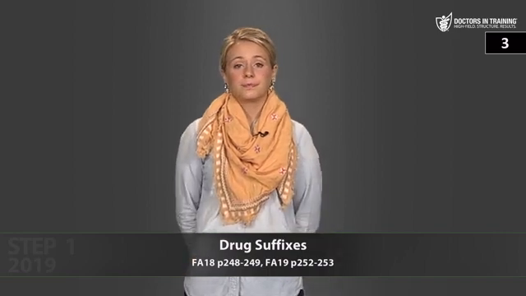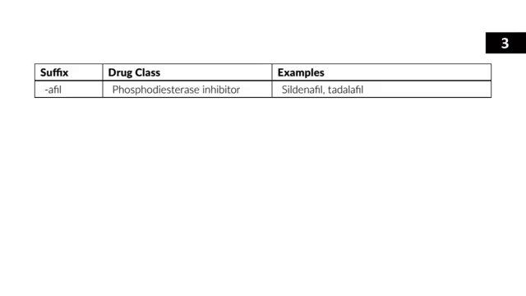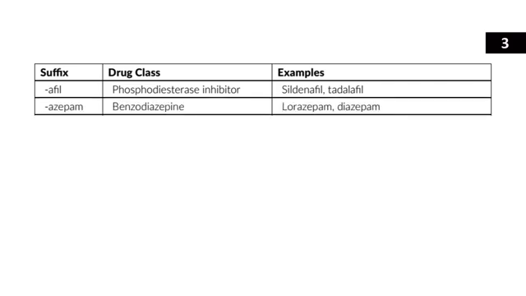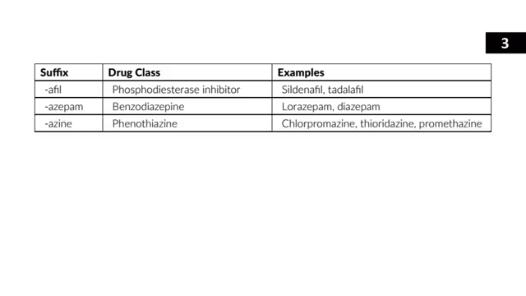The first one is AFIL, which are phosphodiesterase inhibitors, the erectile dysfunction drugs. Sildenafil is one example, and that's Viagra. Another one is tadalafil. Azepam is a suffix for benzodiazepine, like lorazepam or diazepam. Azines are the phenothiazines.